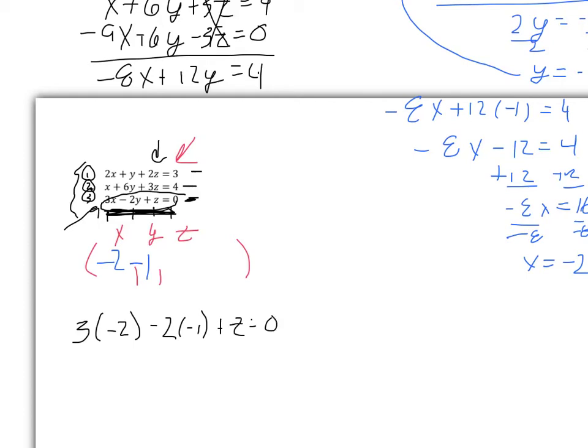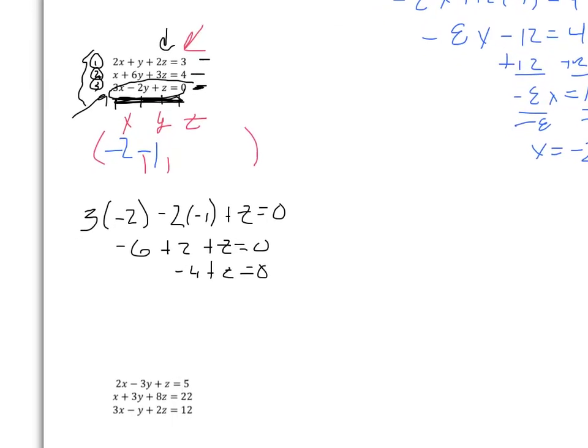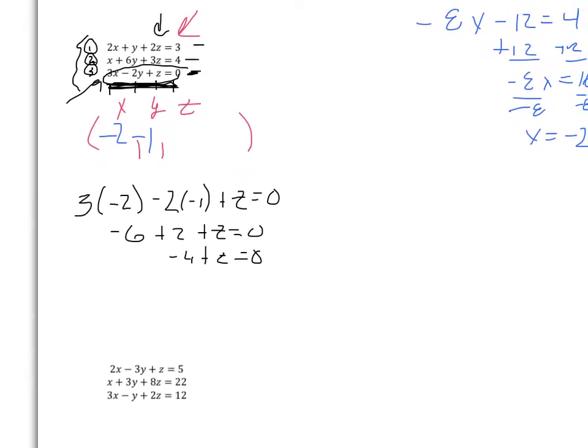So expanding this out, we have negative 6 plus 2 plus z equals 0, or negative 4 plus z equals 0. And then finally solving this for z, we're going to add 4 to both sides, and we get z equals 4. So the solution here is negative 2, negative 1, 4.